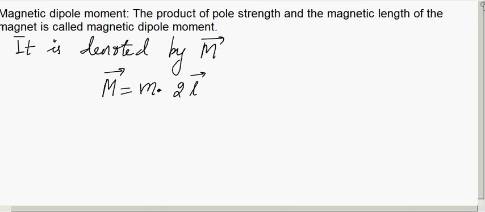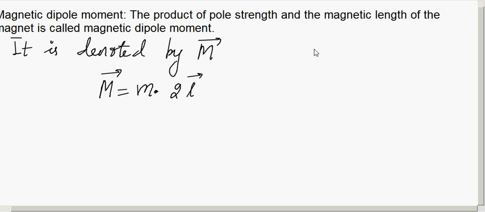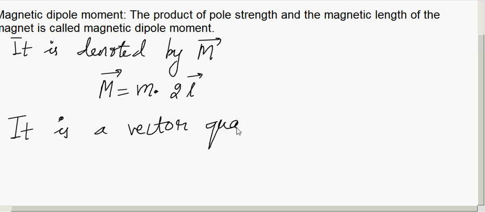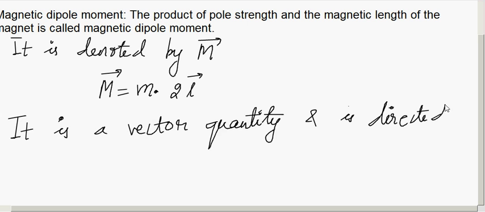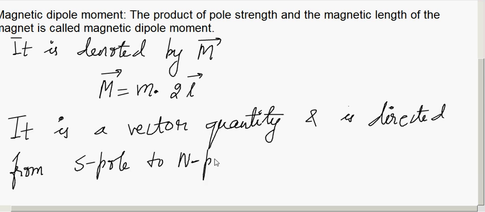The dipole moment is a vector quantity, directed from south pole to north pole of a bar magnet.